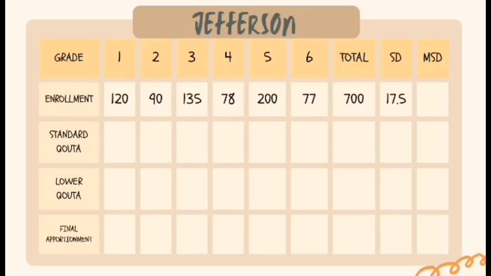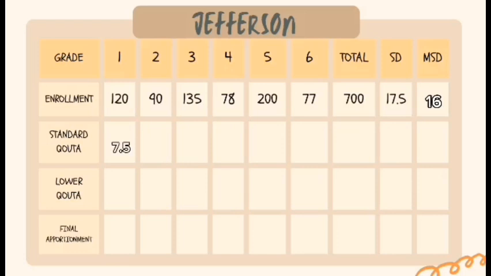Let's say 16 yung gagamitin natin na modified standard divisor. Same process lang siya sa Hamilton method, but this time gagamitin natin yung modified standard divisor na 16. So ang mangyayari is 120 divided by 16 is equal yan siya sa 7.5.